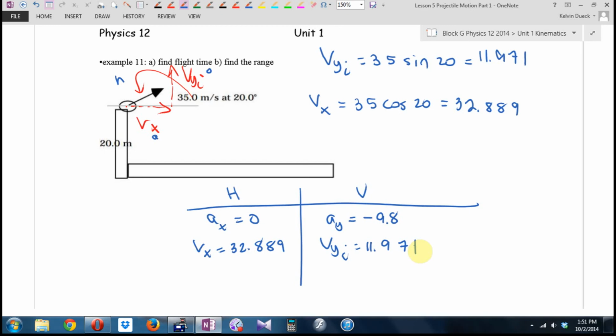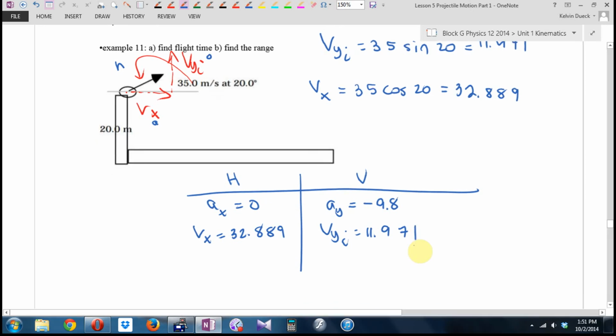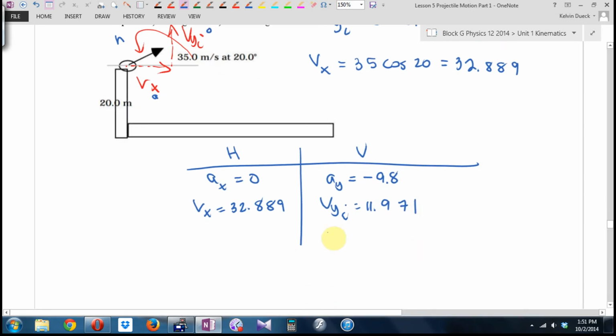What else do I know? On the vertical, what is dy? Ah, you said negative. Thank you. Now we have a choice. Well, somewhat. I'm committed to finding time vertically. We can either use d equals vit plus a half at squared and solve that quadratic, and I'm perfectly good.